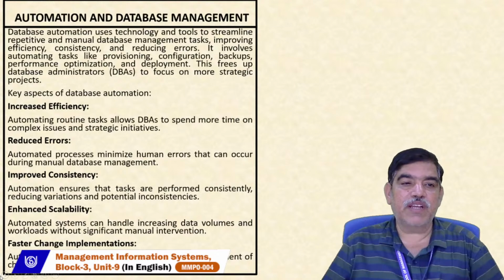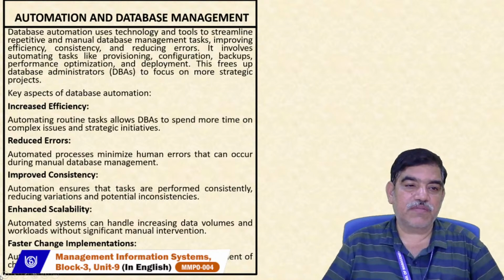It involves automating tasks like provisioning, configuration, backups, performance optimization, and deployment. This frees the database administrator, the DBA, to focus on more strategic projects. So automation of a database means we use new technology and tools to streamline the database management system. And it is easy for the database administrator to control the whole system and reduce the errors.